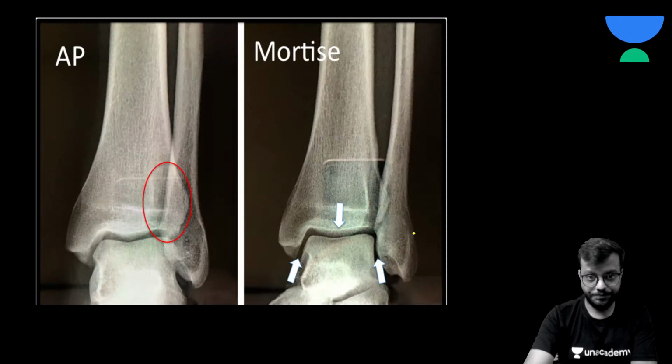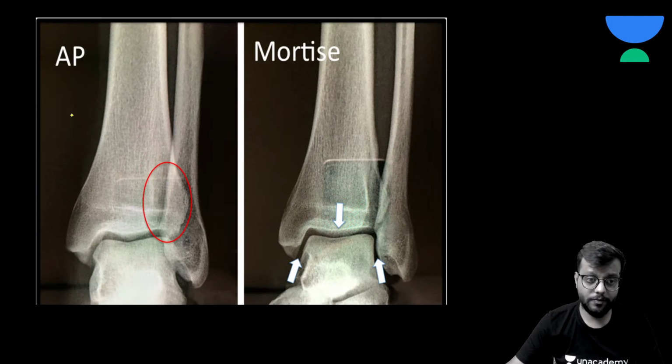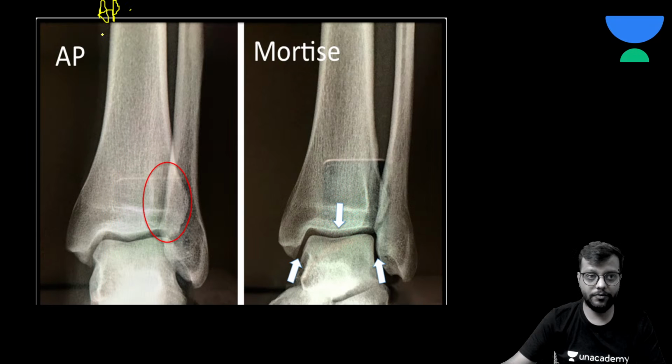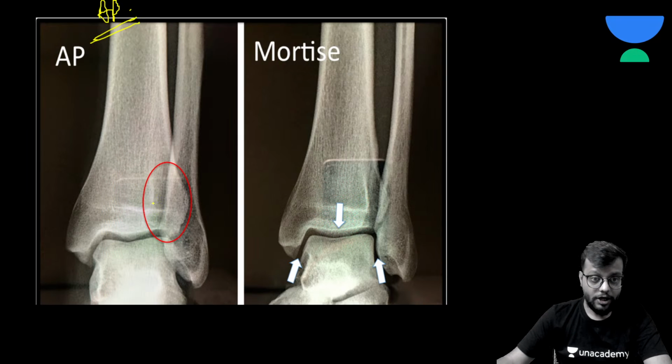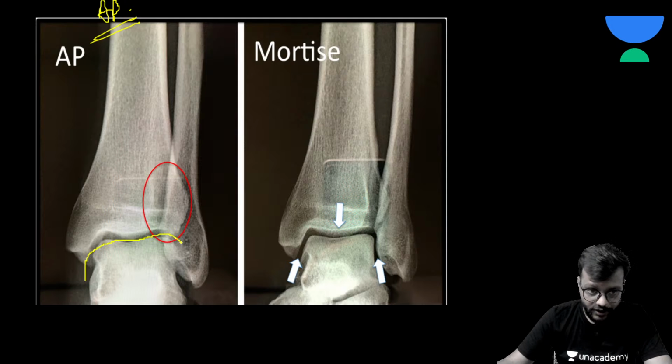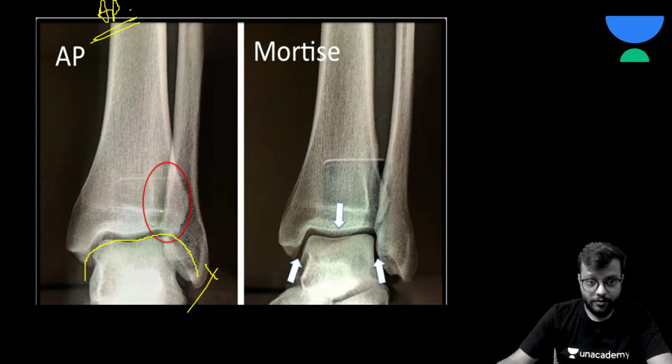We'll discuss it. See, in normal AP view, anterior posterior view in an X-ray, you will not be able to see the entire joint line, नहीं दिखेगी, plus you will not be able to see the tibiofibular joint.